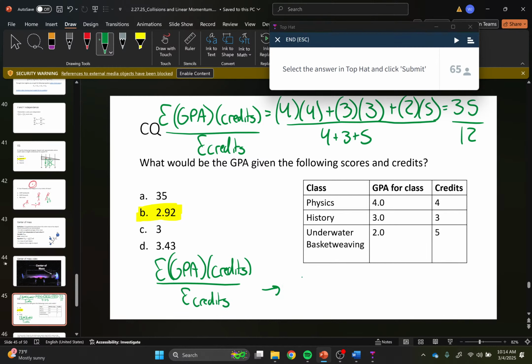All we're going to do for center mass is sum up location, let's call it X, multiply that by mass, and then divide by mass. It's the same thing. Replace GPA with location. Replace credits with mass. That's the center mass equation right there.